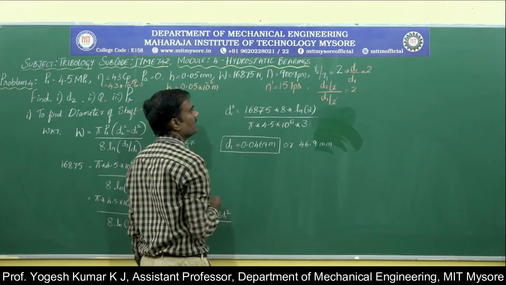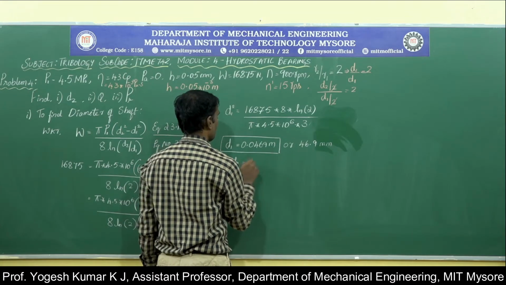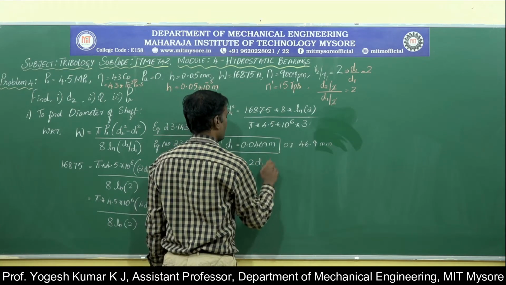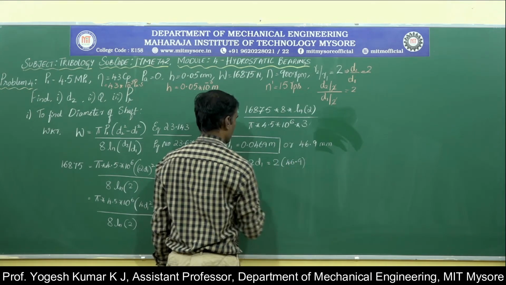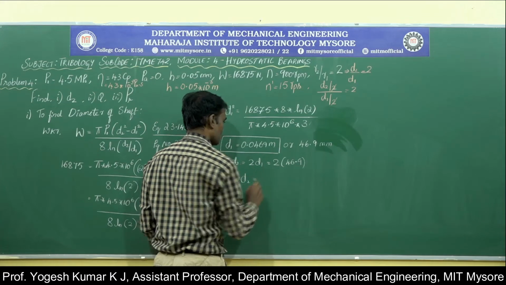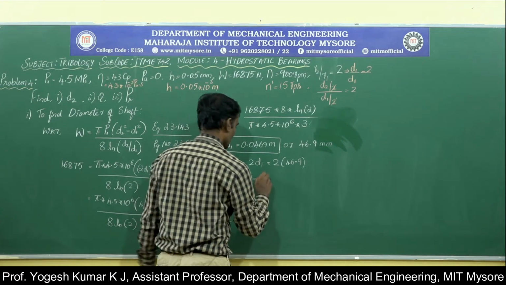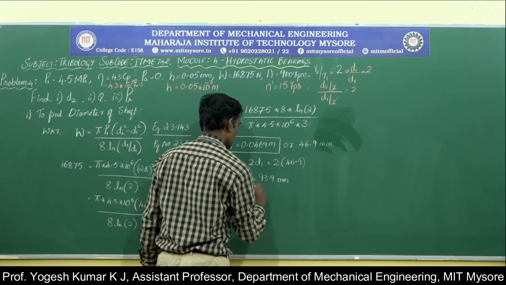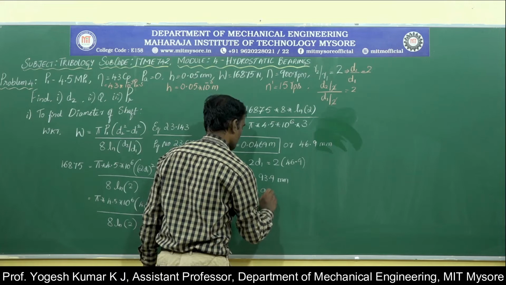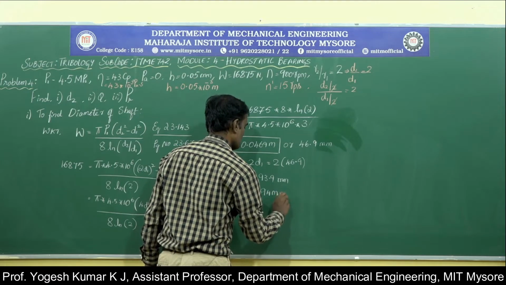So we know d2 by d1 equals 2, so d2 equals 2 times d1. So this will be 46.9 times 2, so the value of d2 will be 93.9 millimeters, which can be approximated to 94 mm.